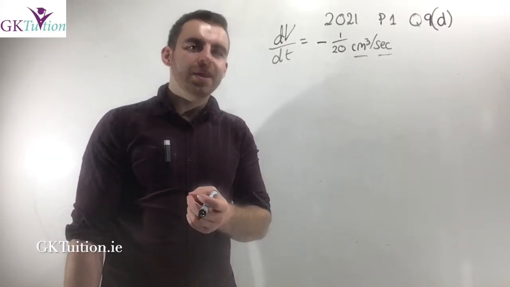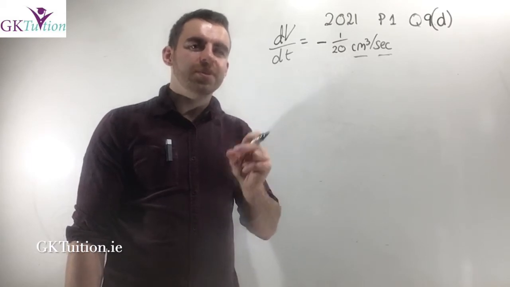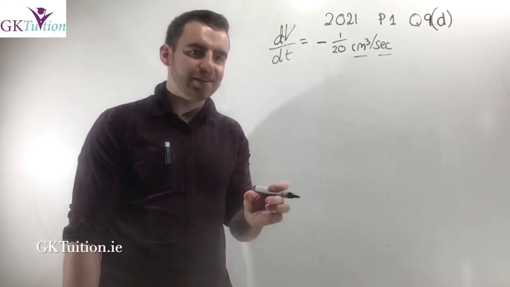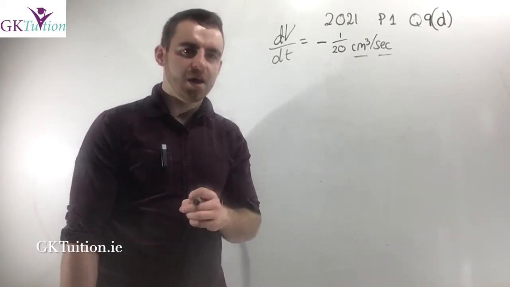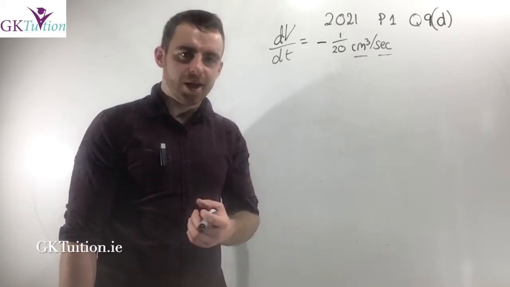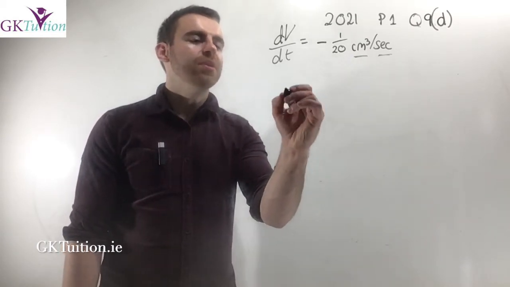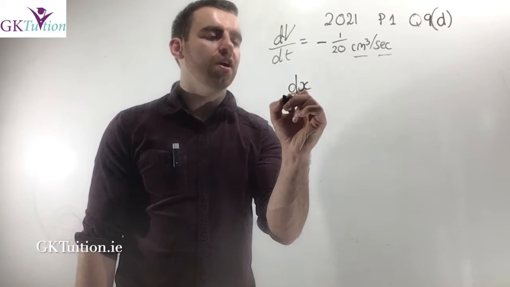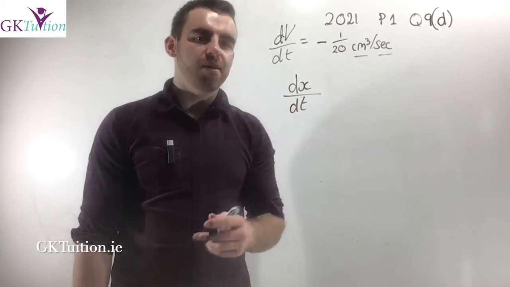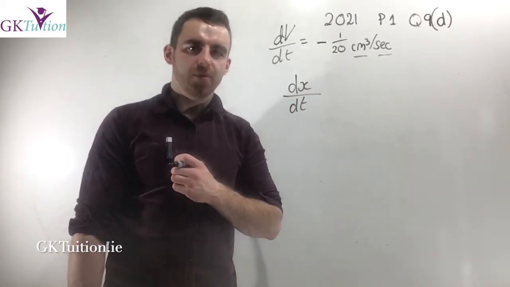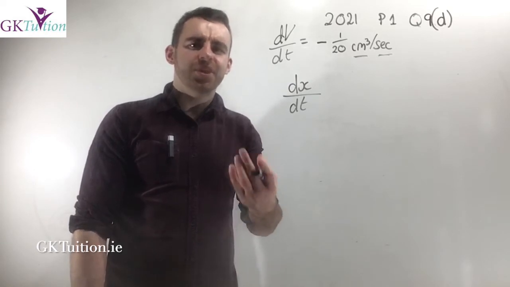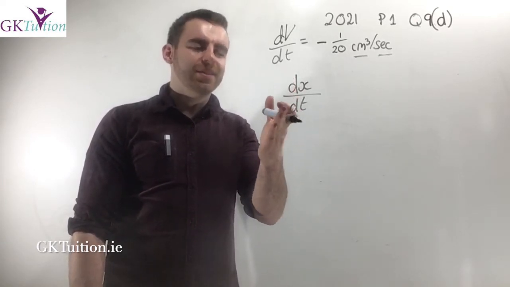And then they told me to label one of the dimensions as x. So the length is x, the width is x, the height is x. Remember, in a cube, all 3 dimensions are the same. And they've asked me to find the rate of change of x at a specific time when the volume is 1/64. To get the rate of change of x, that means dx/dt.